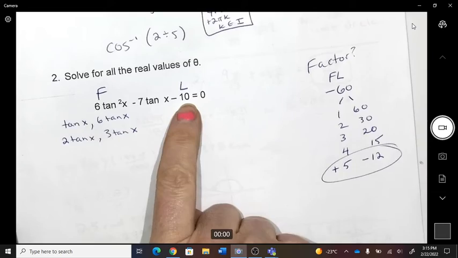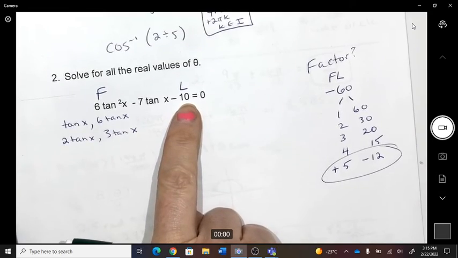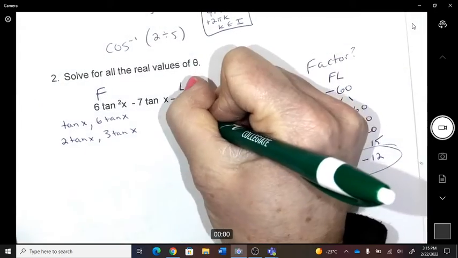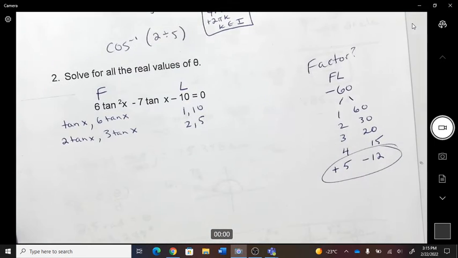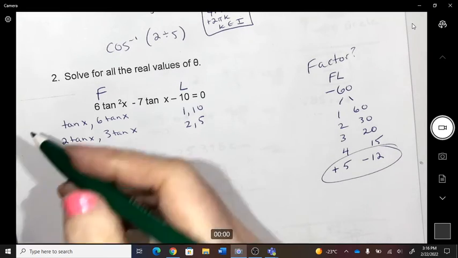Okay, options for 10: 1 and 10, 2 and 5. What kinds of partnerships can you make with those pairs? You need a 5 and a 12 to partner together. Do you see some connections?